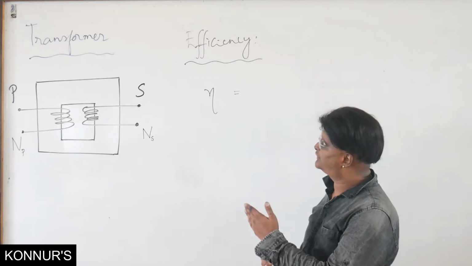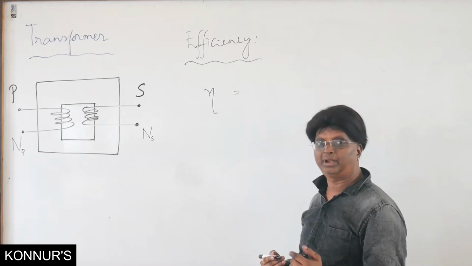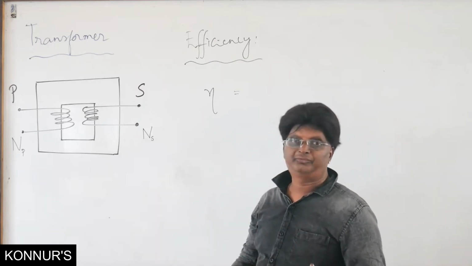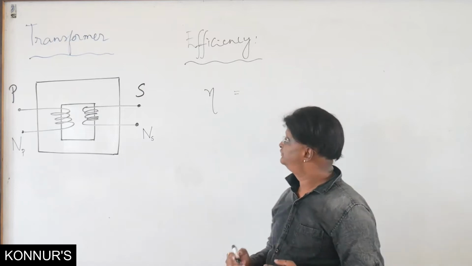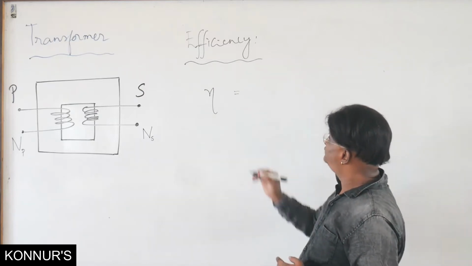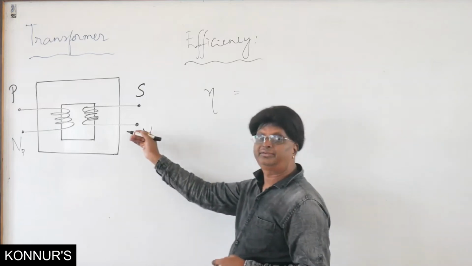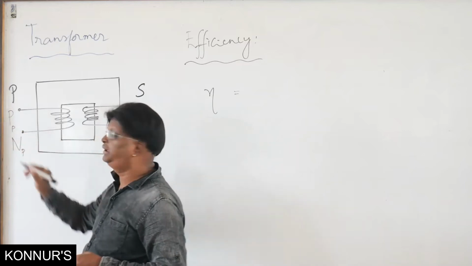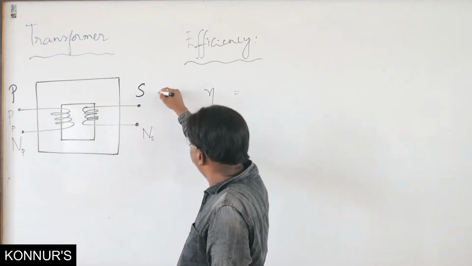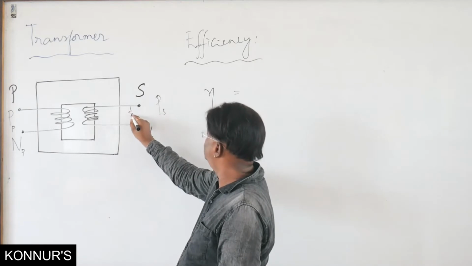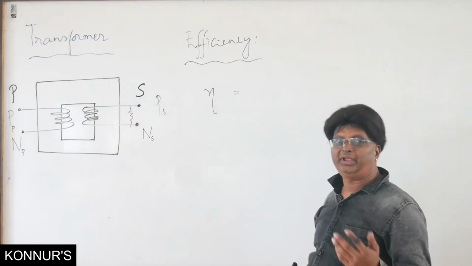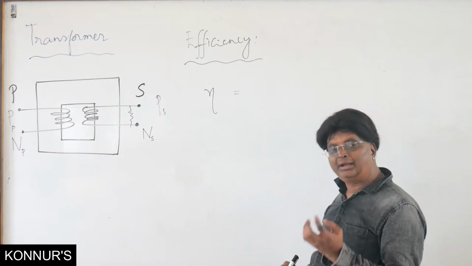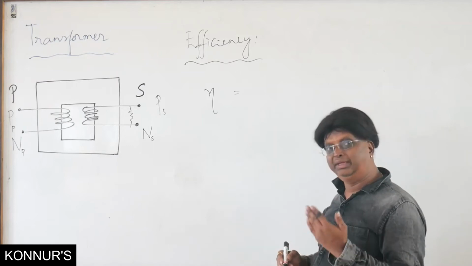In the case of transformer, notations: P for primary, S for secondary, and capital L for the load which is connected in the secondary. Now, how do we define the efficiency? Suppose in this example, the power in the primary is P, and of course you have that load in the secondary, which I will take as RL, and the power consumed at this load will be PL.